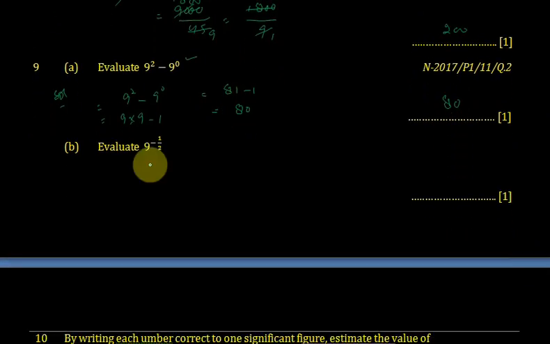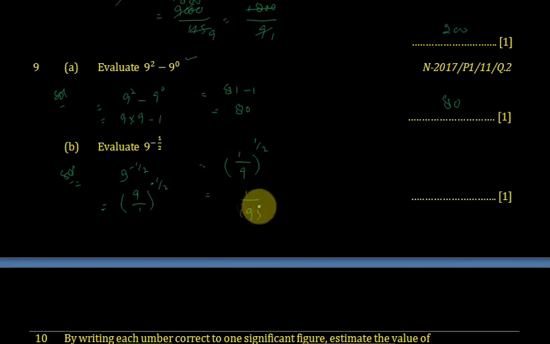Now in this question, evaluate. So the solution of this: 9 to the power minus 1 upon 2, we can write as 9 upon 1 to the power minus 1 upon 2, or we can write 1 upon 9 to the power plus 1 upon 2.